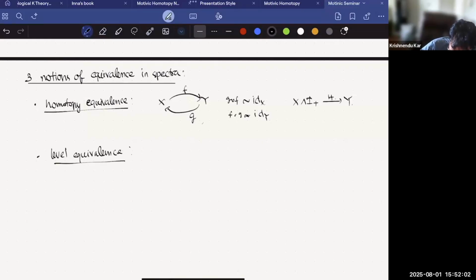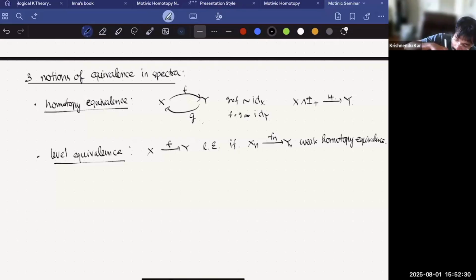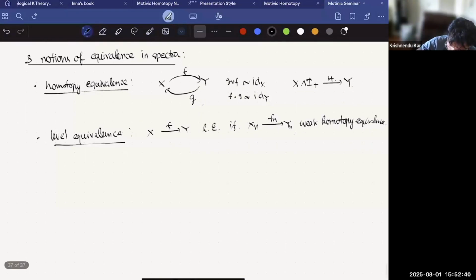So I call a map between spectra X to Y, F, a level-wise equivalence, or a level equivalence, if on each of the space levels they are weak homotopy equivalences, for all n. So level-wise, my homotopy groups are the same.